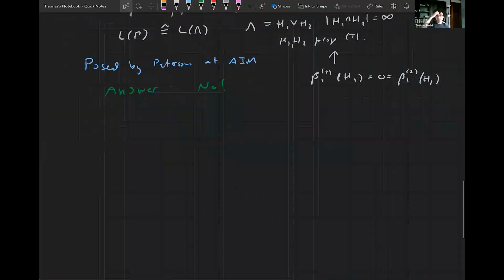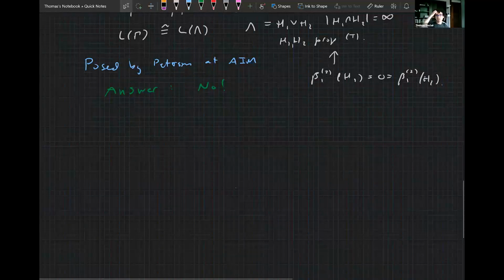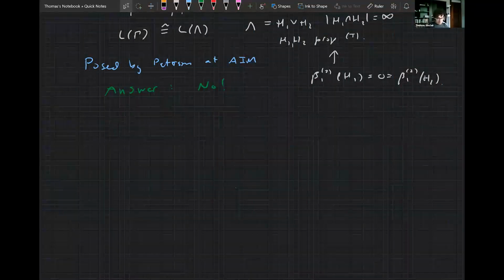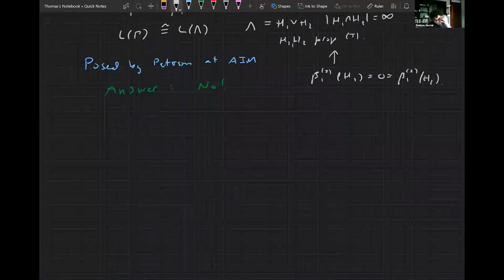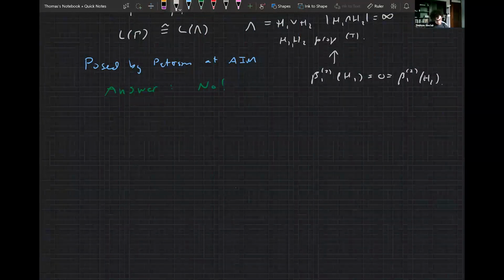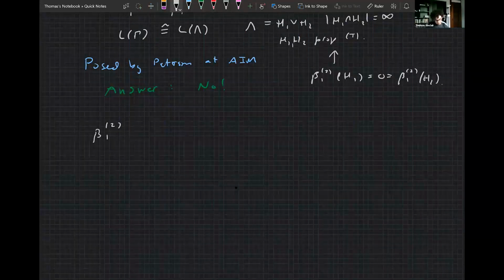Okay, so there's a couple of questions here on the chat. So the first question is what is meant by a von Neumann algebra invariant? I'll answer the question concretely for L2 Betti number.